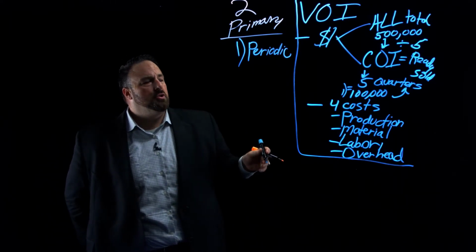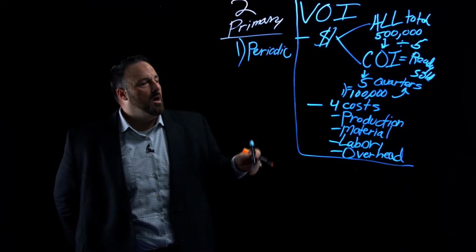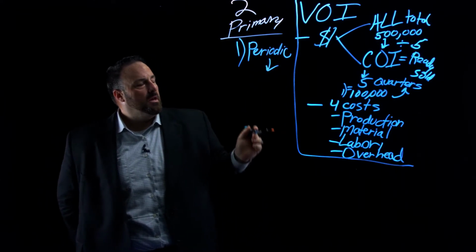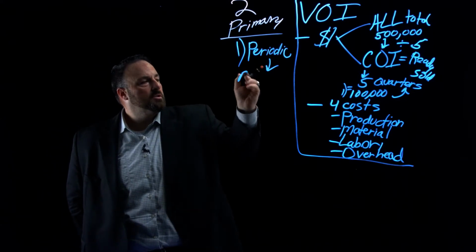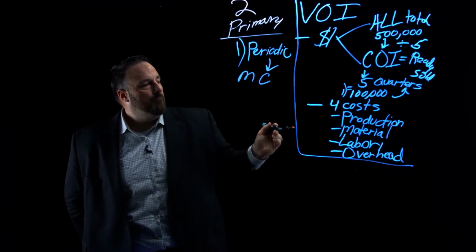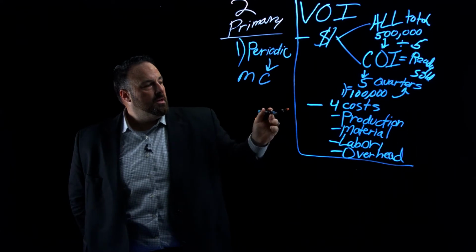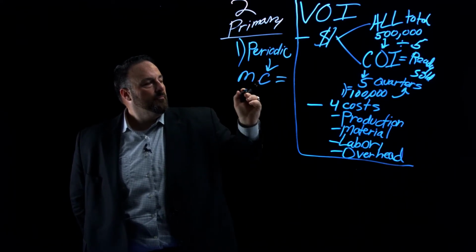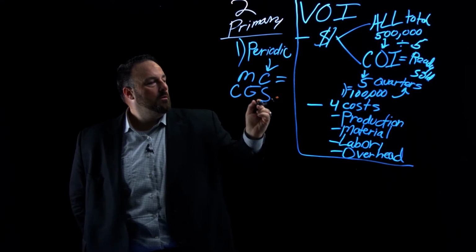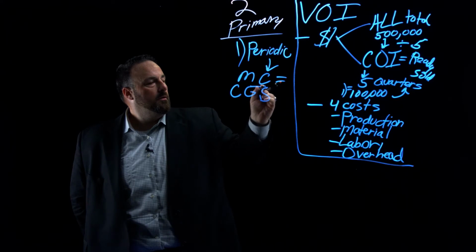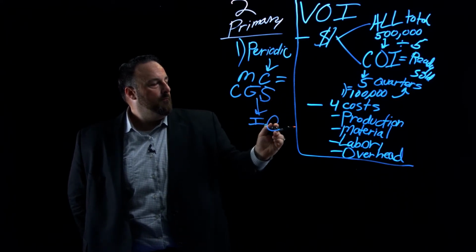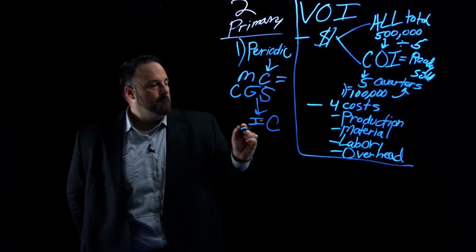Then it will actually compute the cost of goods sold on the income statement. So let's just remember, it keeps track of merchandise costs, right, in various purchases. Then it will compute the cost of goods sold on the income statement. Very traditional method that's used.